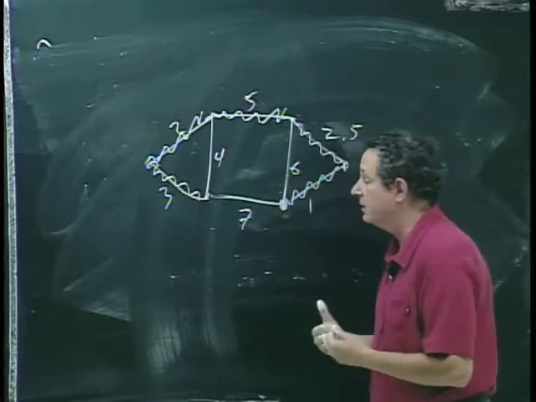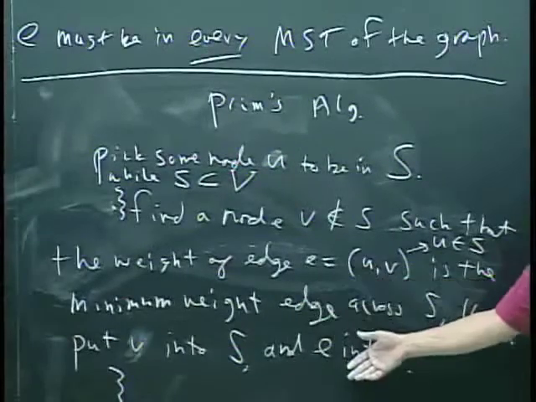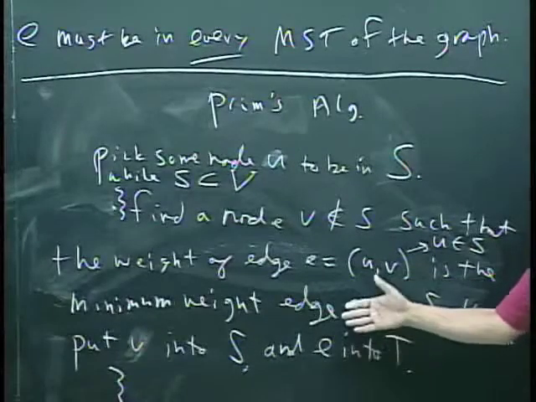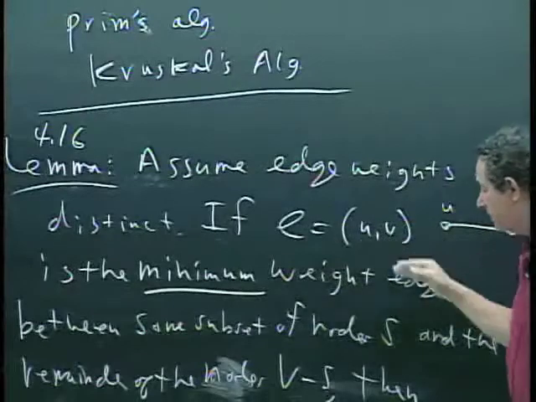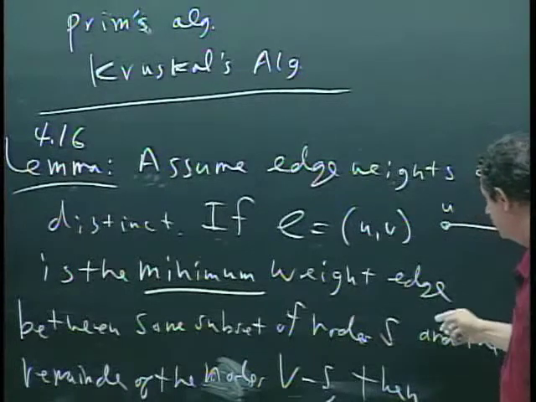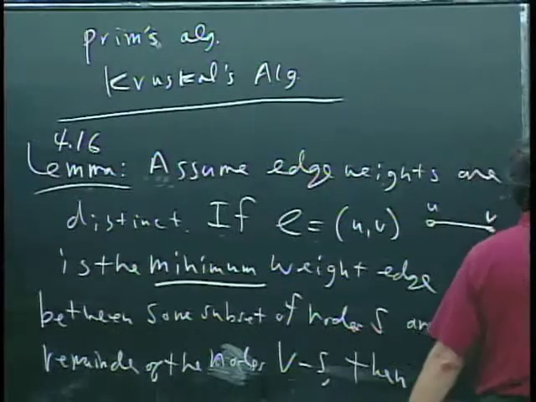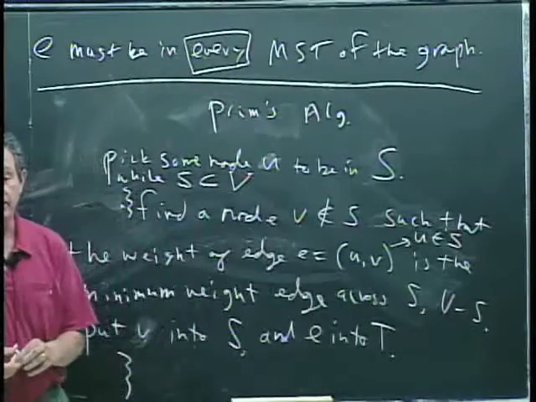And we are explicitly choosing the minimum weight edge that crosses from S to V minus S. So since the lemma says that such an edge must be in every minimum spanning tree, and I didn't emphasize that when we were doing the proof, that it's in every minimum spanning tree.